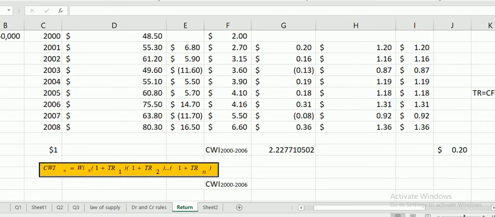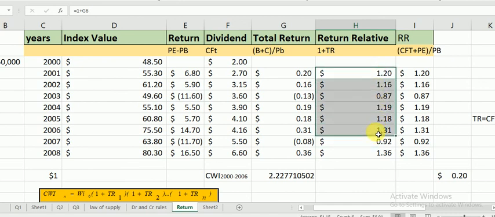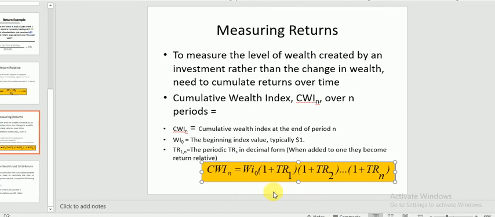You can also calculate this the Excel way. Put the equal sign, then write product and then take the returns relative values up to whichever year you want, like until 2006. So we will select these values up to 2006, then enter. Directly we will calculate and get the same value. This was the calculation of a cumulative wealth index.